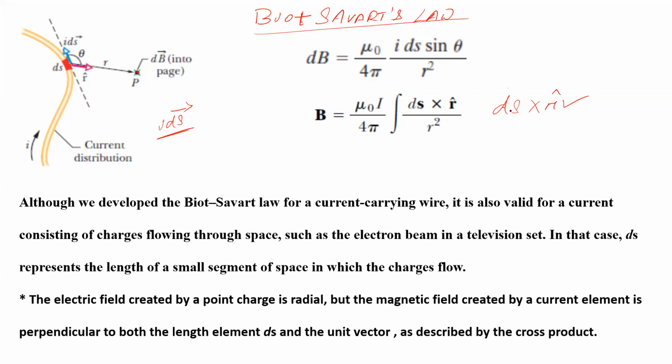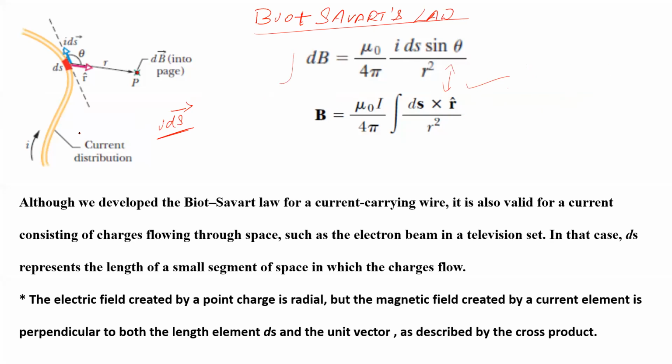But since the magnitude of r cap is 1, when we expand this equation, I ds sin theta divided by r square, just as a cross b means ab sin theta, similarly we can put it here. Since r cap is equal to 1, we can simplify this formula. These two formulas are called Biot-Savart's law.